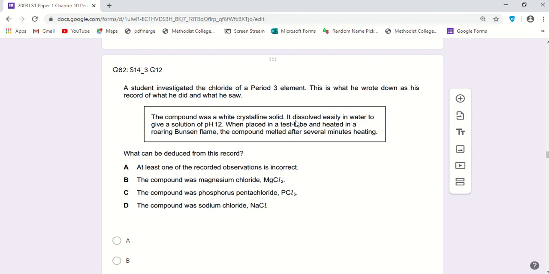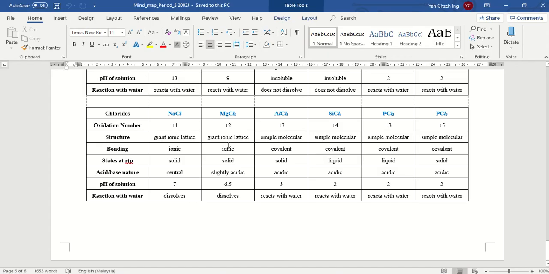Then look at the second statement. It dissolved easily in water to give a solution of pH 12. Now let's look at the table that I gave you before. We have sodium chloride, magnesium chloride, and PCl5. Sodium chloride dissolved in water gives a neutral solution, pH 7.